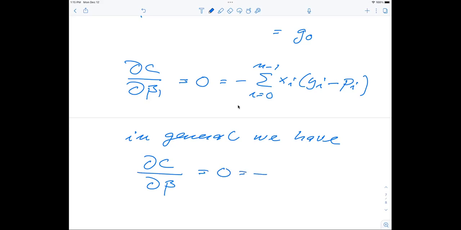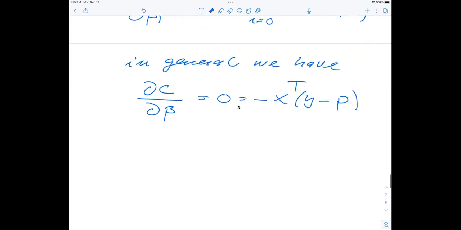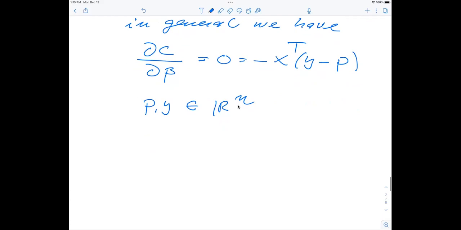So you will find that this can be rewritten as X transpose, the design matrix, multiplied with Y, the output, which are either zeros or ones, minus the probability P. So P is now a vector with all the probabilities. So P and Y are now vectors of length n, the number of points we have. And you remember also that X is our design matrix, and that is a matrix of dimensionality n, the entries, times p, the number of features. In this specific case, p is equal to 2. So I have beta 0 and beta 1.